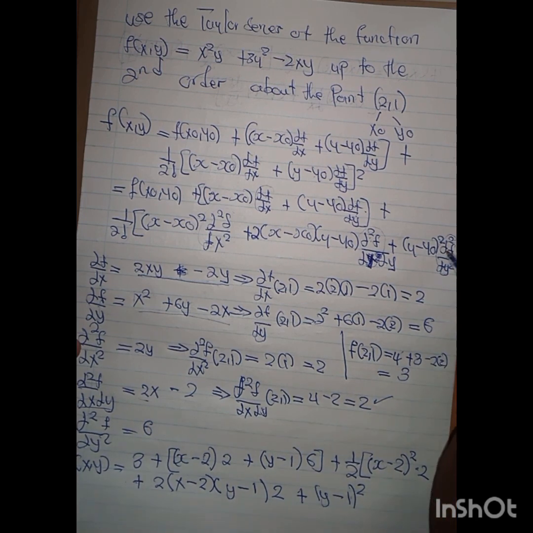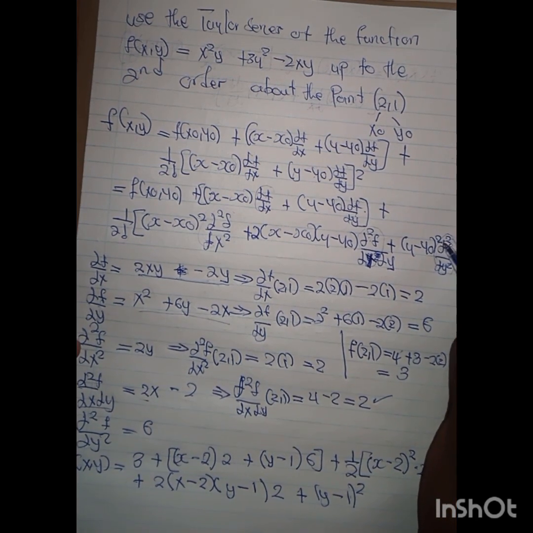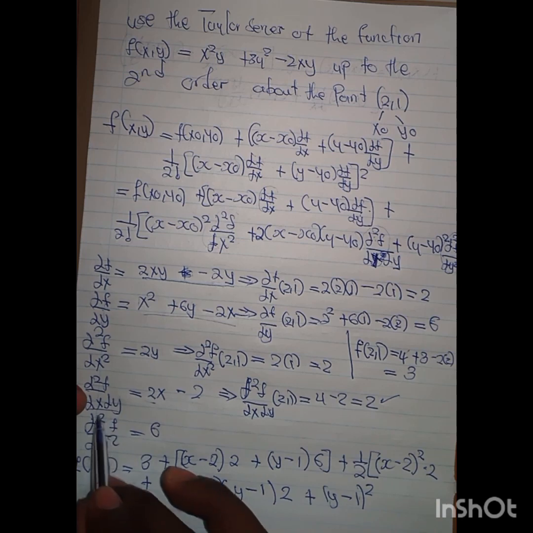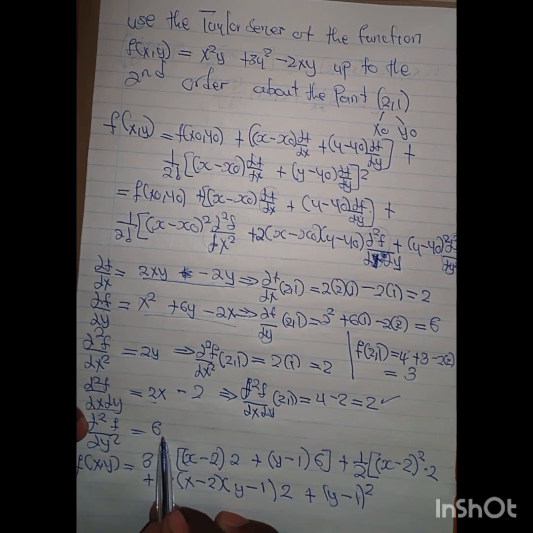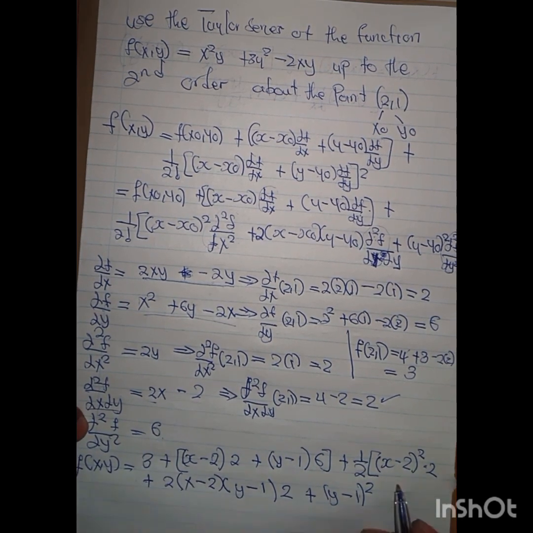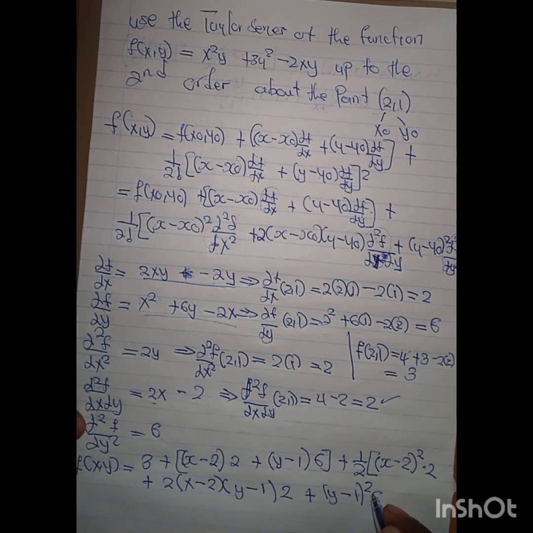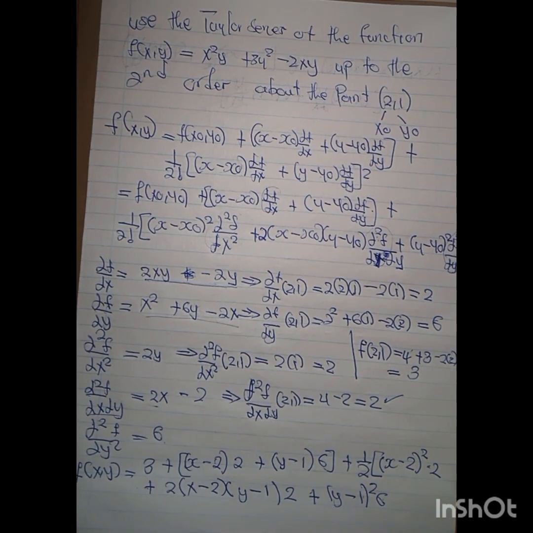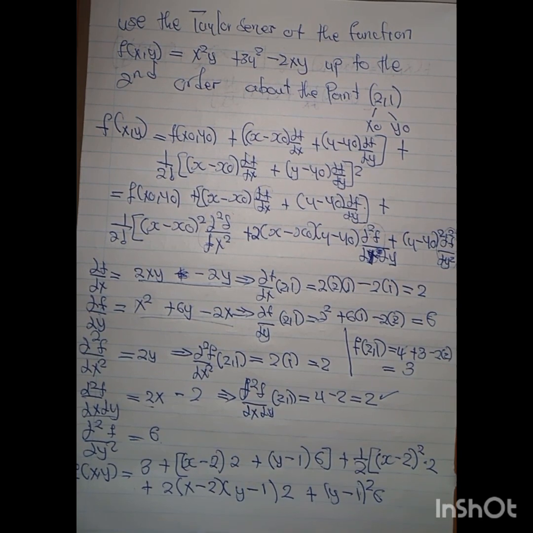And then this part here can be replaced by 6. We have 6 here. And then we write in 6. So when we're at this point, all we have to do is to simplify this expression.